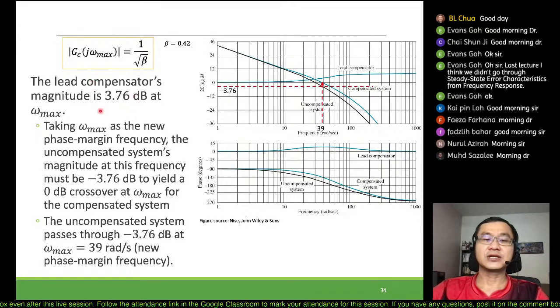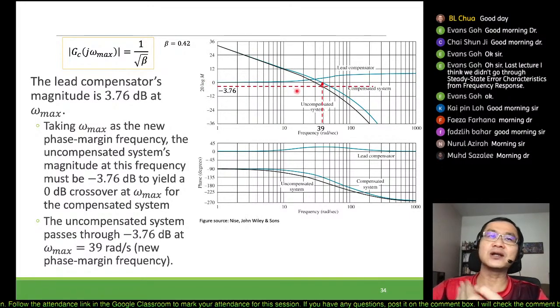You can try it, and you should get 3.76 dB. This 3.76 dB is caused by this so-called lead compensator.